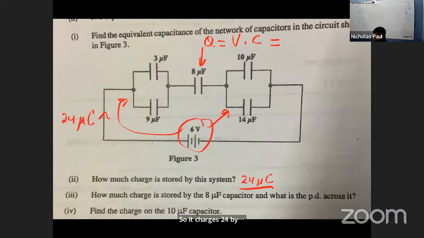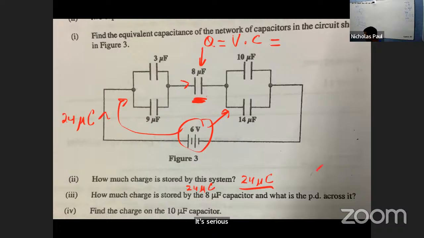Since charge is the same in series, what is the charge flowing across this capacitor? 24 as well. So the answer for part 3, the first part here, is 24. Charge is the same because it's a series circuit.